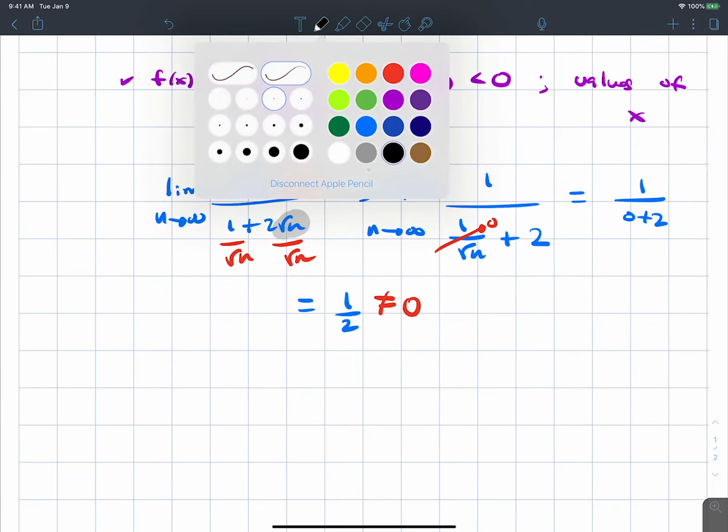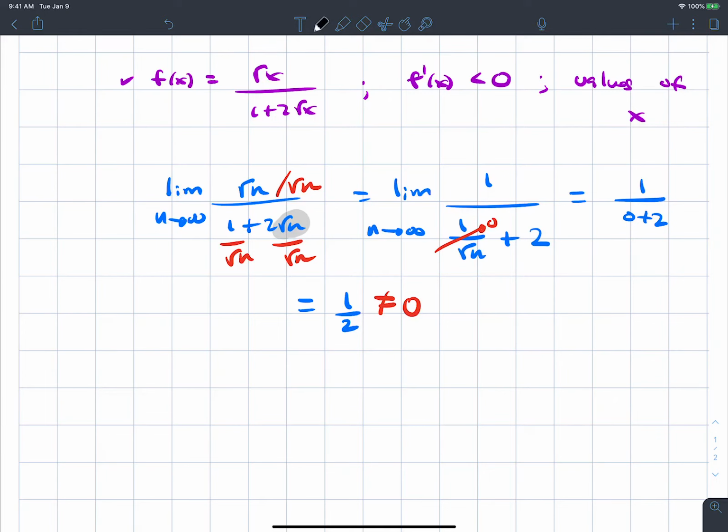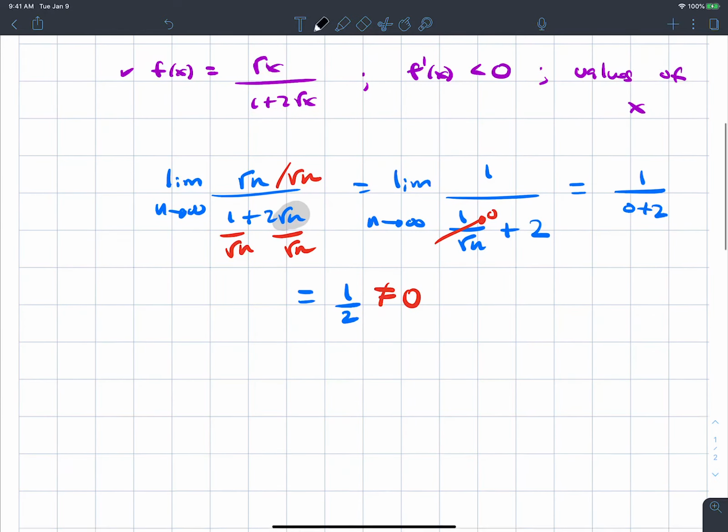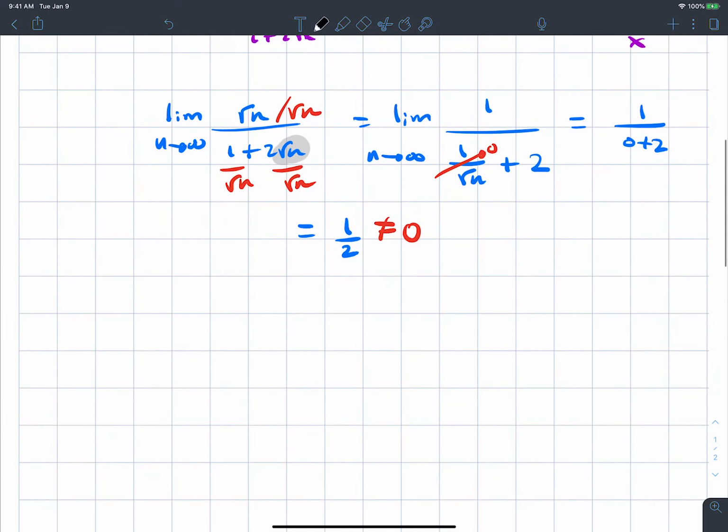Now, by the alternating series test, this doesn't mean anything. Because remember, you have two things: it has to be decreasing, and that limit has to equal 0 for Bn. Both of these have to happen.